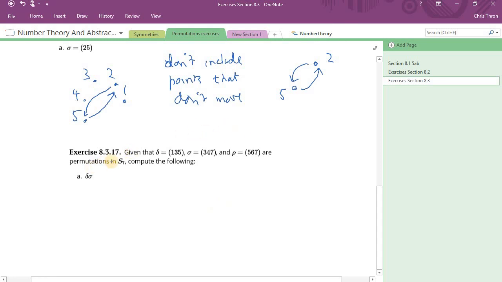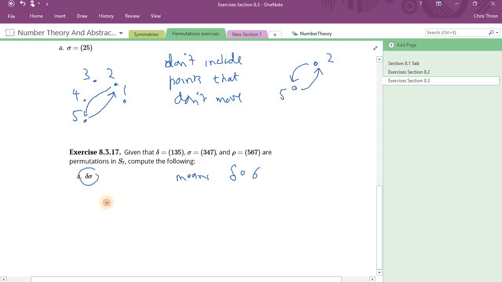Our next problem, 8.3.17, Part A, we're going to compute composition of permutations in cycle notation. Now this delta sigma means the same as delta composed sigma. Right? And we can see where things go one by one.